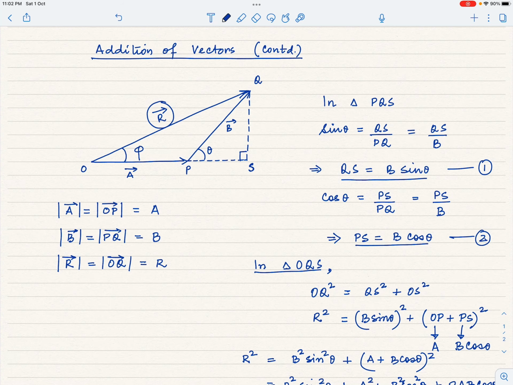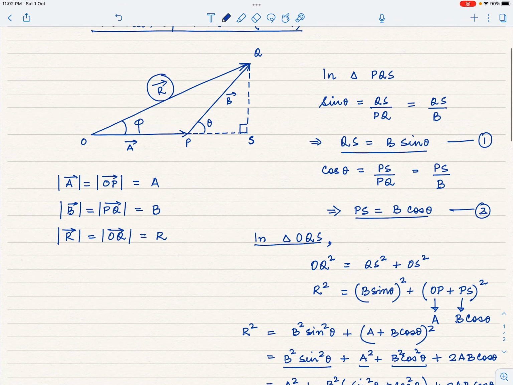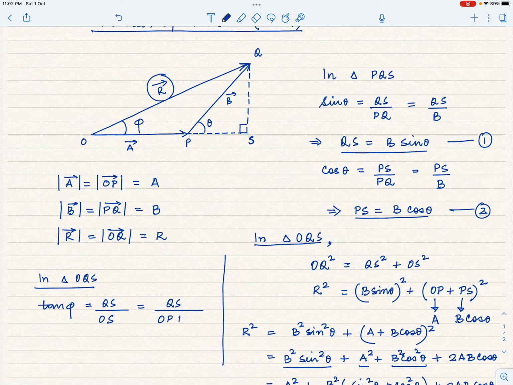Once again, look at the bigger right angle triangle that we have, the triangle OQS. In triangle OQS, see that we can write tan phi, tan of the angle phi, which is the opposite by the base, QS by OS, and let us then substitute the values. QS by, first thing is split OS into two parts, OS can be written as OP plus PS, and now we substitute the values.